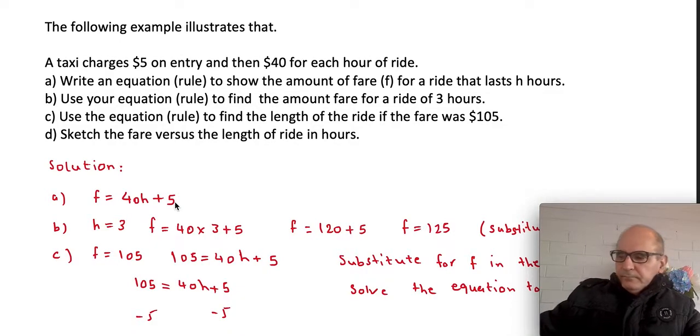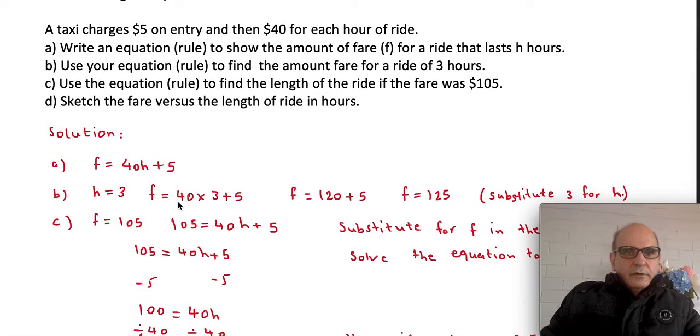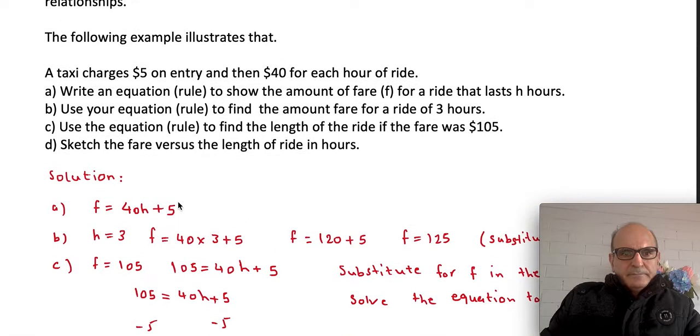So for example, if you were riding for 5 hours, what you will be paying is 5 times 40, which is 200 plus $5, $205.